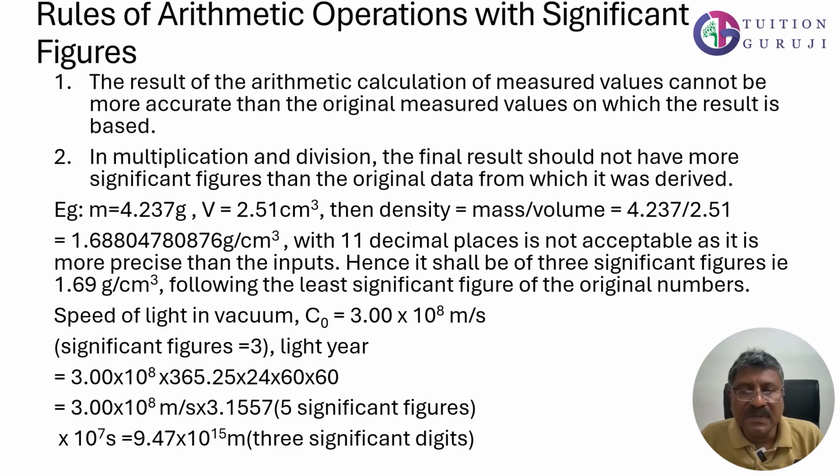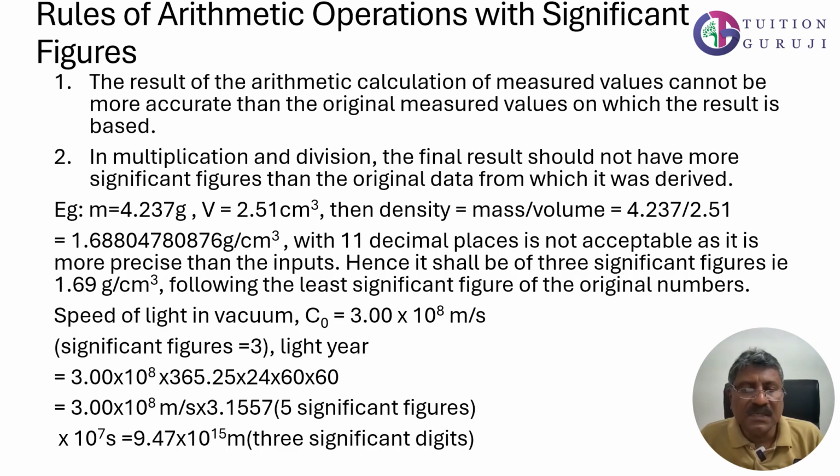So even though the result has 11 decimal places like 1.6880478086 gram per centimeter cube, we will consider only 3 significant figures, that will give 1.68, but actually the next figure is 8, therefore we will round it off to 1.69. Hence it shall be of 3 significant figures, 1.69 gram per centimeter cube, following the least significant figures of the original numbers.